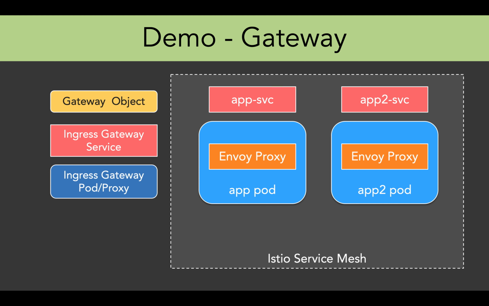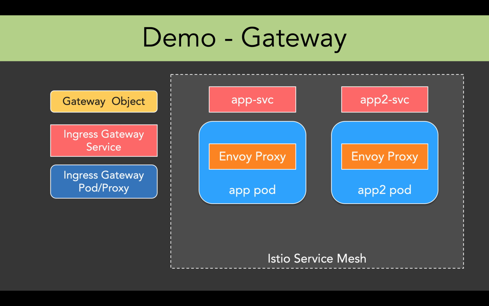Then what we do, we create the gateway object. So the moment we create the gateway object, this service and this pod would be enabled to receive traffic from outside world. Now the question here is from which hosts this proxy should receive traffic. Of course, we have not mentioned the routing rules yet.